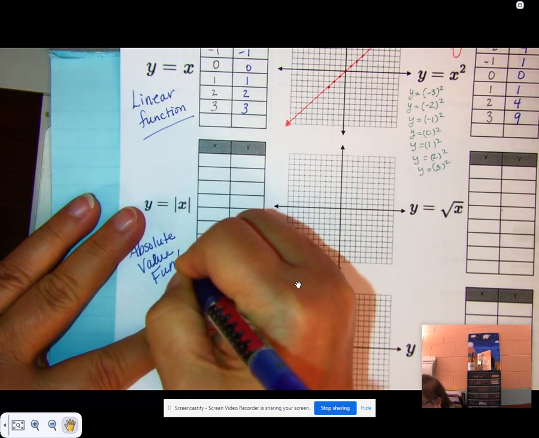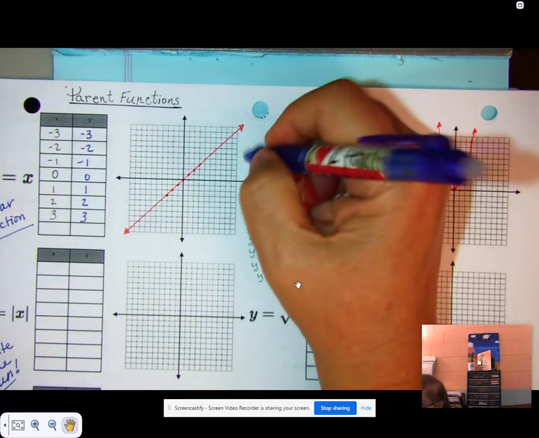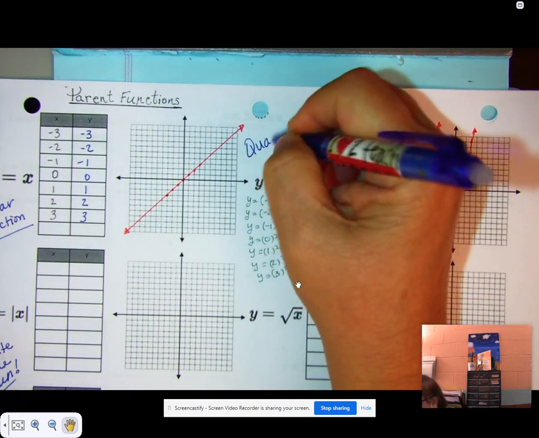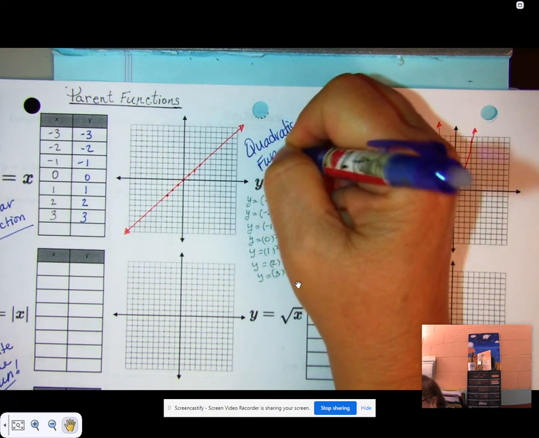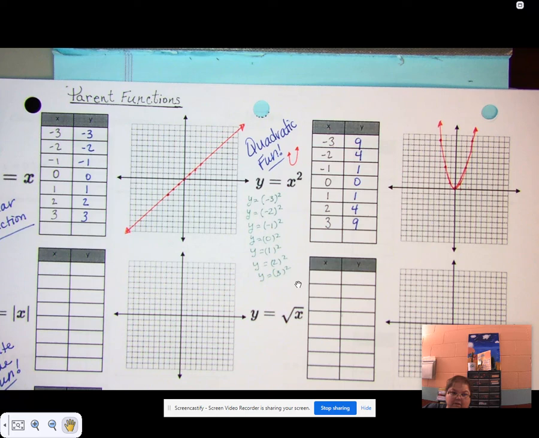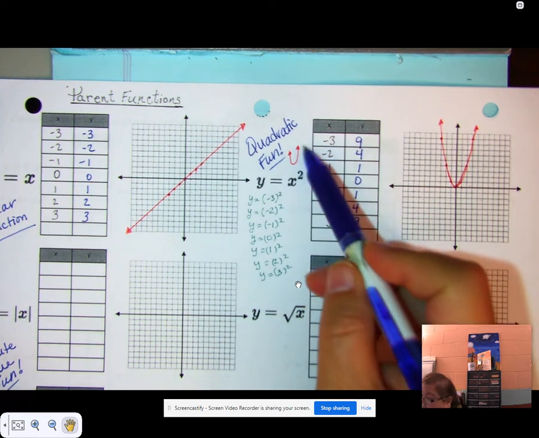We're going to abbreviate that for fun: absolute value fun. Oh wait, I forgot to name this one. This one is quadratic fun. Apologize for that. You know how excited I get when I know the answer. A quadratic function, which is a U shape.